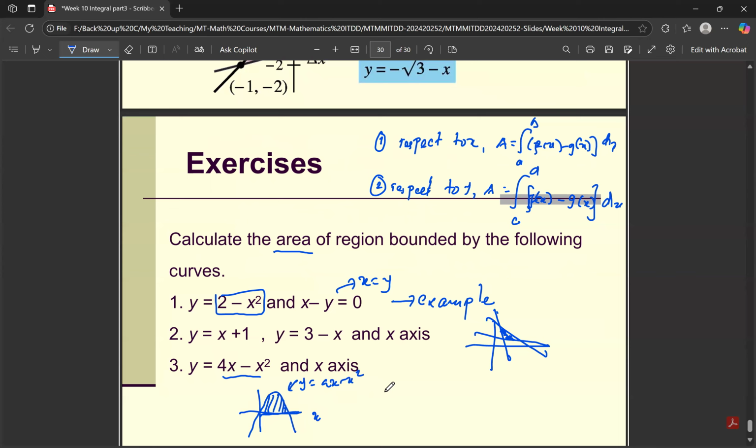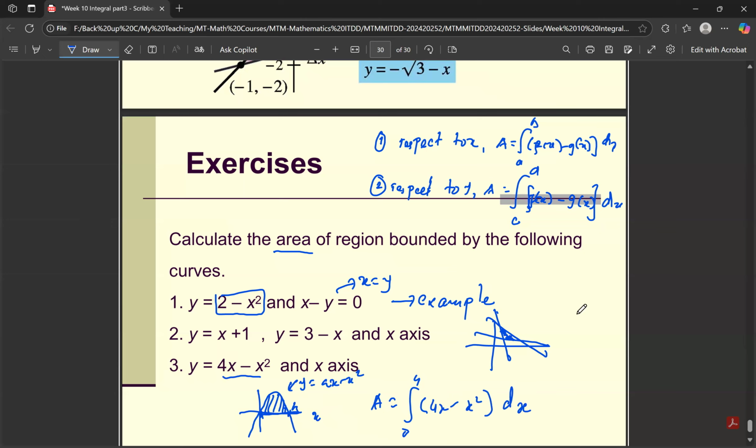You can find the region will be equal to 4 here, and the function will be 4x minus x squared dx.